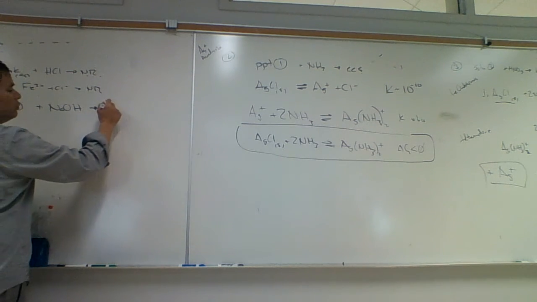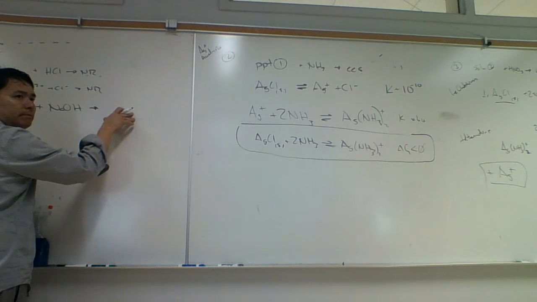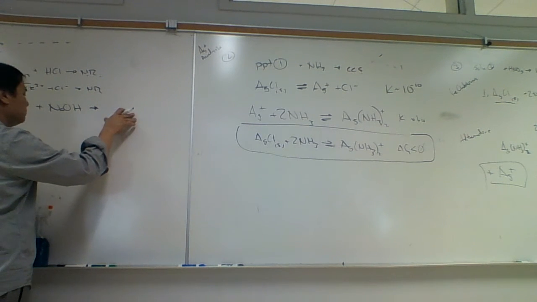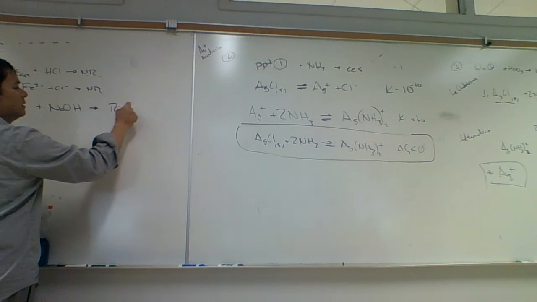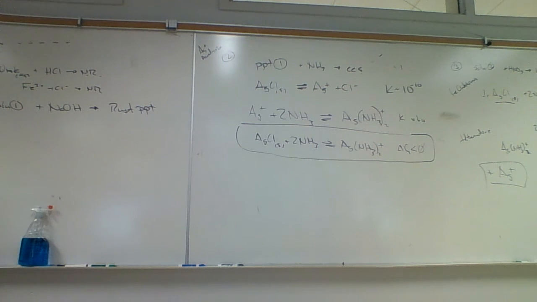We should get, what color is iron 3 hydroxide? It's a rust color. And so we get a rust precipitate. You guys see that? It tells you with the colors there. And so the equation for this is going to be, tell me.